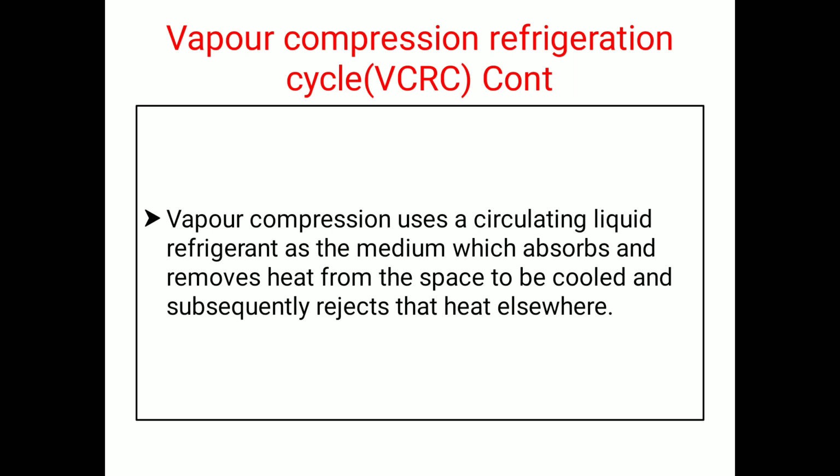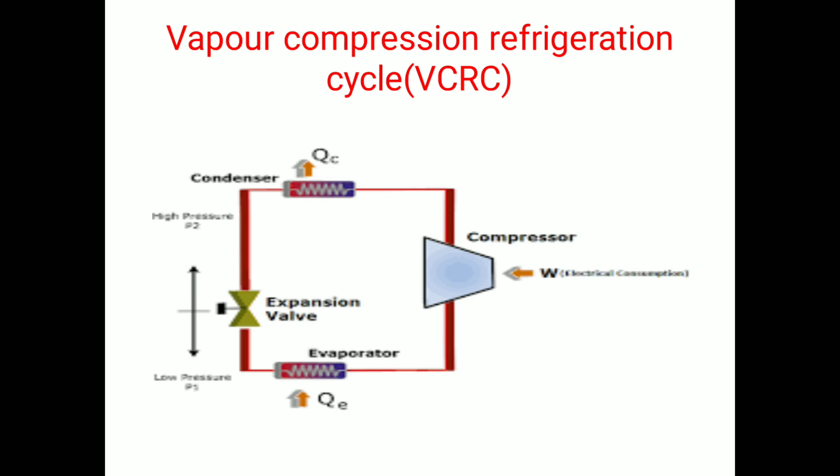So it will absorb some amount of heat from the space which is to be cooled and then reject that heat to somewhere else. So in this diagram we are able to see a compressor, a condenser, an expansion valve, and an evaporator. Let us try to understand how vapor compression refrigeration cycle works.